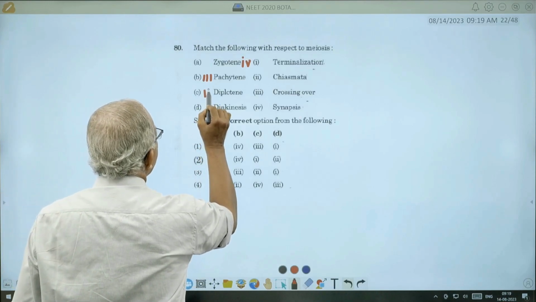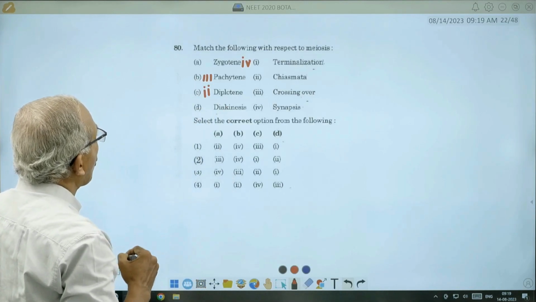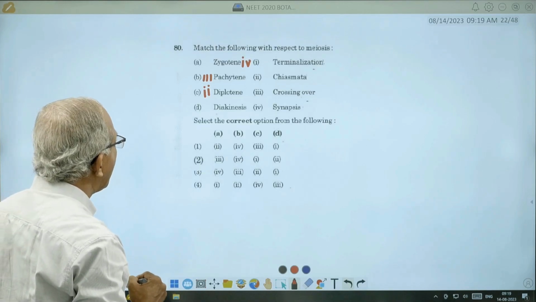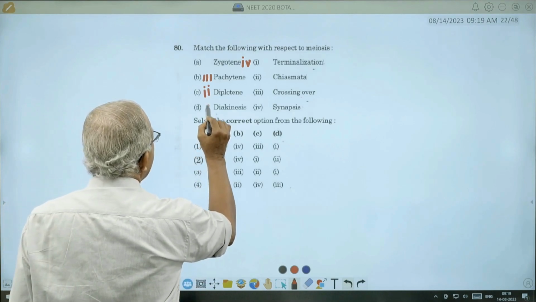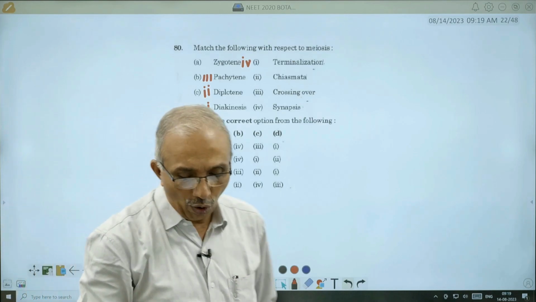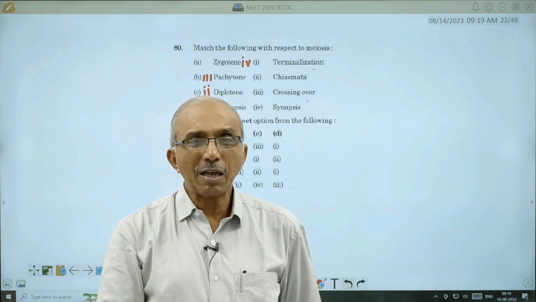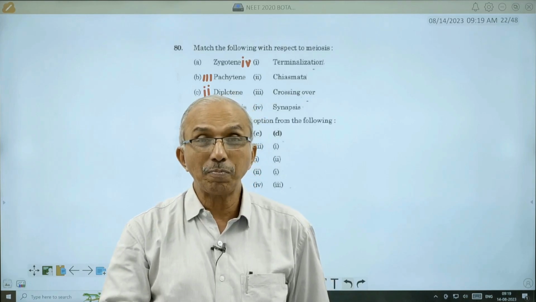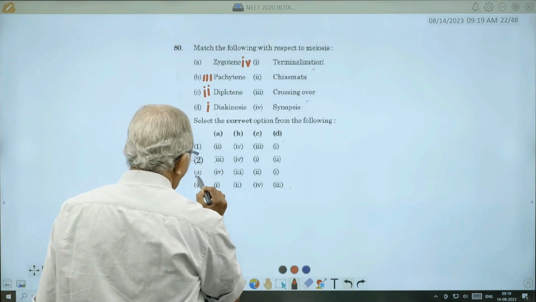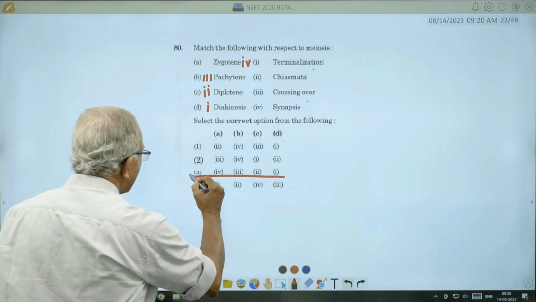Diplotene can be matched with chiasmata, formed during diplotene. Diakinesis can be matched with terminalization of chiasmata, which means disappearance of chiasmata. So the answer is A4, B3, C2, D1. Answer is 3.